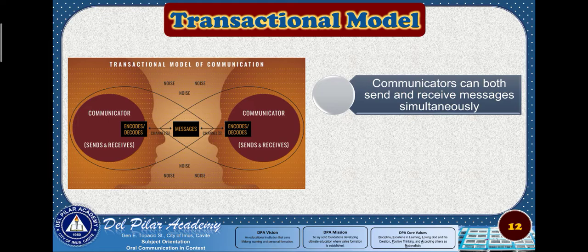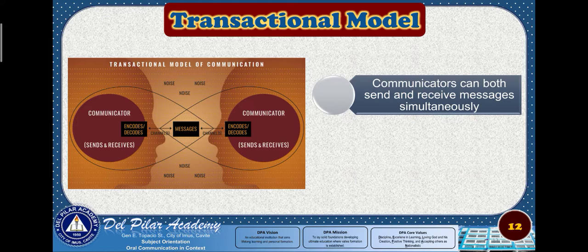For example, a common campus, common hometown, or culture, or personal system like family, religions, or friends. So it also takes into account changes that happen in communicators' field of experience or fields of personal and common experiences. The model also labels each communicator as both sender as well as receiver simultaneously.